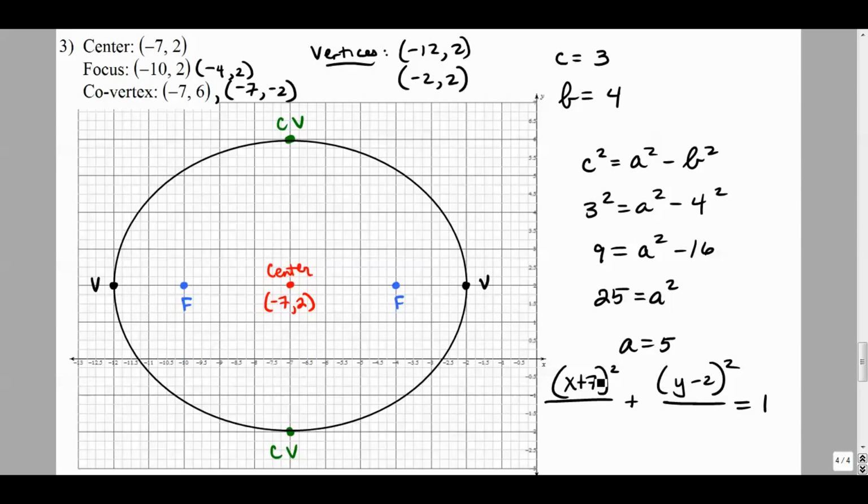Again, this is a horizontal orientation. I know that because my vertices are left and right, my foci are left and right, so those 5 major points lie on that major axis. This is a horizontal ellipse. Horizontal ellipses always have the a value underneath the x value in the equation, and the other one is b squared, so that's 16. So there is your equation.